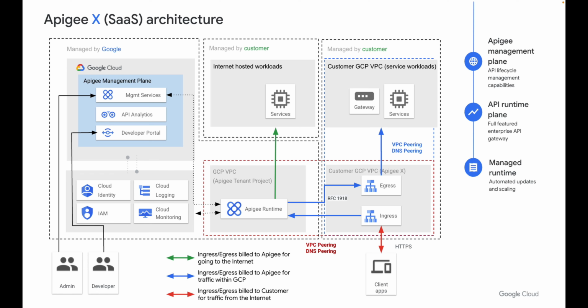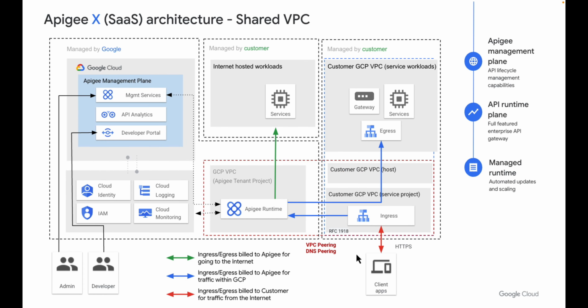Of course, these slides mention the customer VPC that is paired with the Apigee X VPC. But in a real situation, a service project will be used in order to provision the Apigee X solution, and a shared VPC that is part of the host project will be used to be paired with the Apigee X VPC.